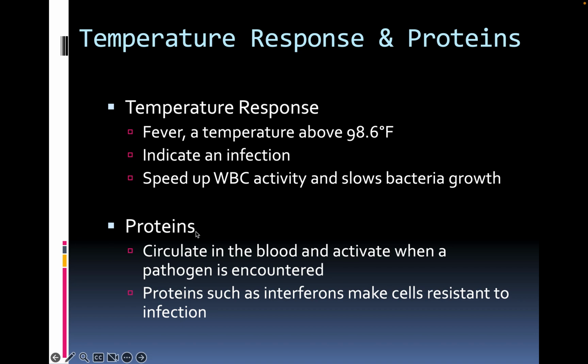And finally, proteins circulate in the blood, and when they encounter a pathogen, they become active. And these proteins include, probably the most well-known one, something called interferon. These proteins are usually released by dying cells that have been invaded or destroyed by an invader. They release kind of their last gasp.